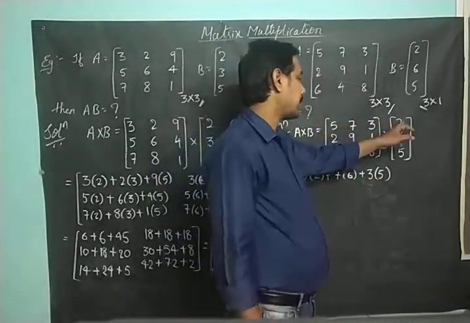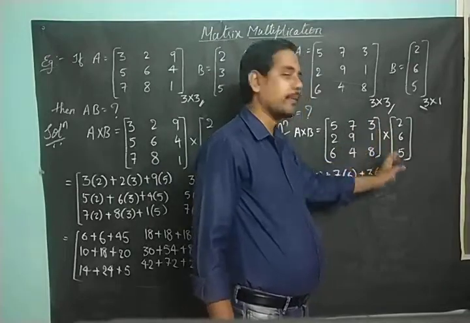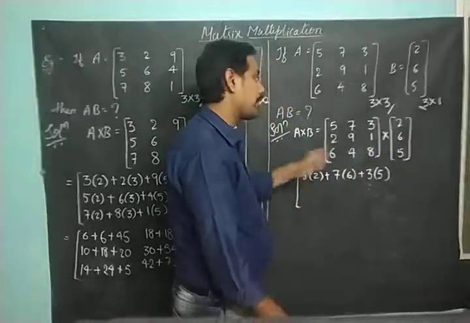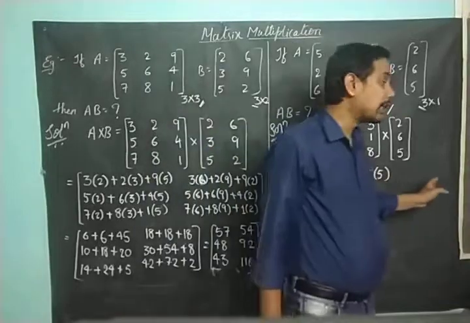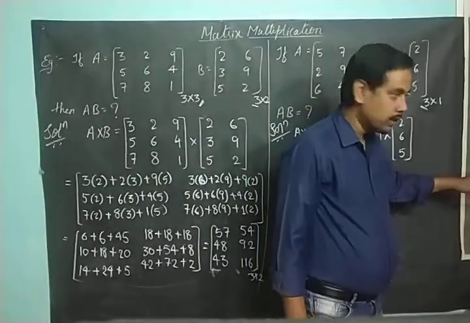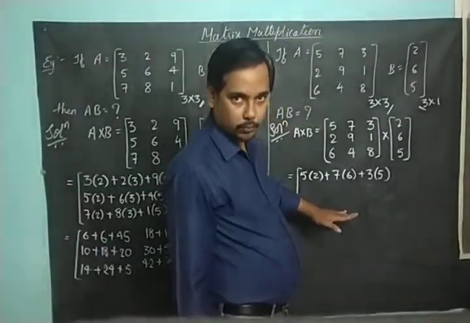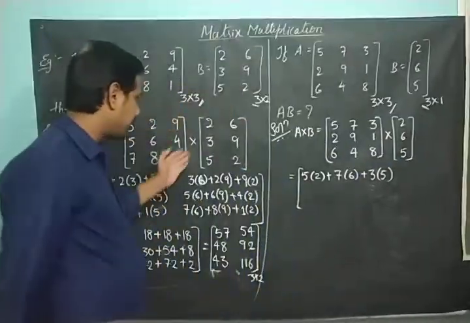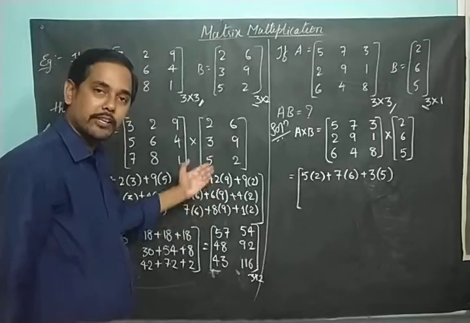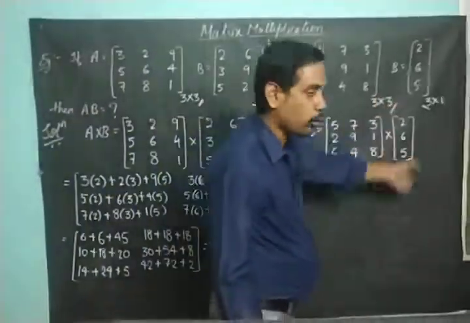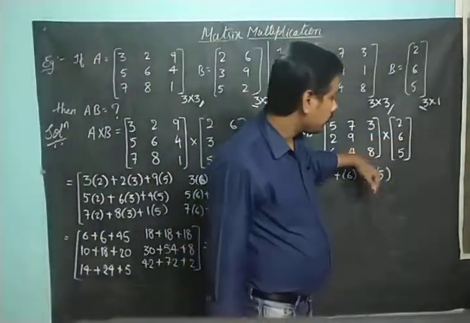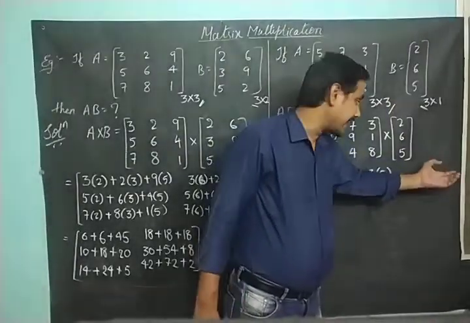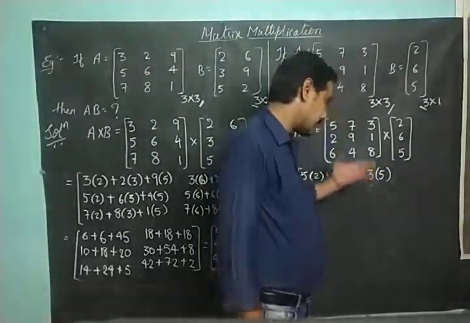Right, 5 multiplied to 2, 7 multiplied to 6, 3 multiplied to 5. Now we don't have any other column, so there is no need to write the values on this side. So we have to move on to the next row, because we don't have a second column there. In the earlier cases we had a second column, so we got these values, but here we are not having a second column, so it is not possible for us to write any entries here. Right, this will end here.